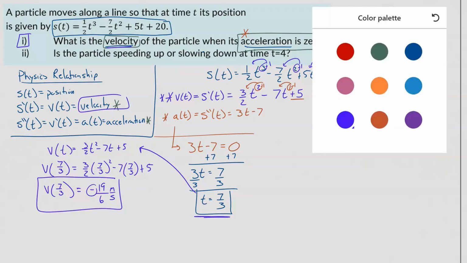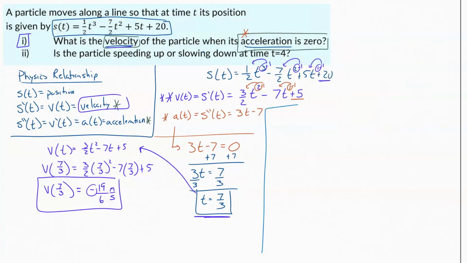To answer the second part of this problem, we want to know: is this thing speeding up or slowing down? Things are going to be speeding up if the first derivative, your velocity equation, matches your second derivative as far as positive or negative.